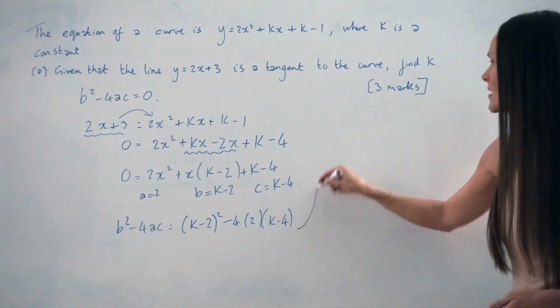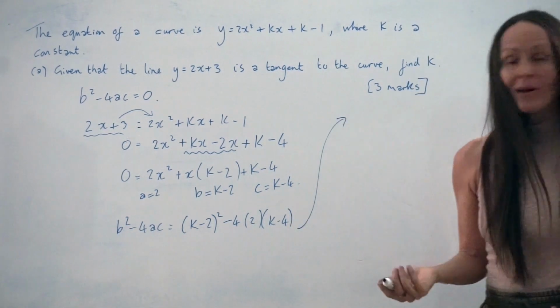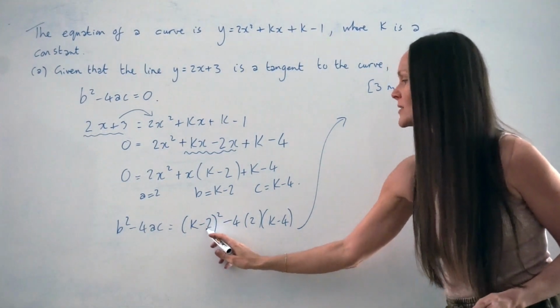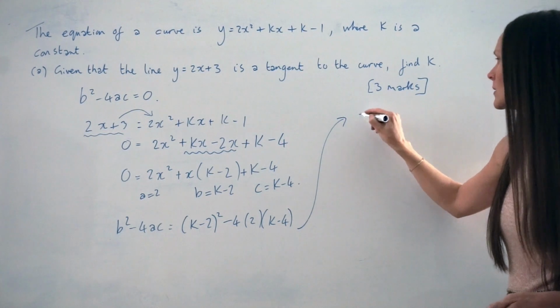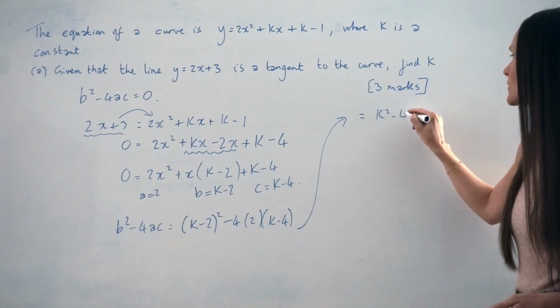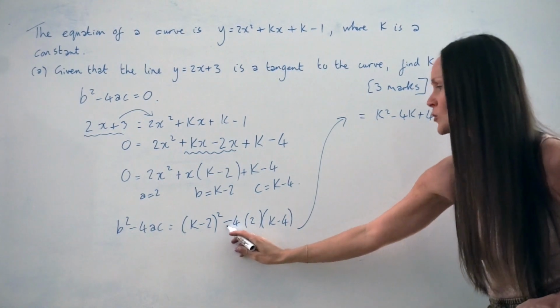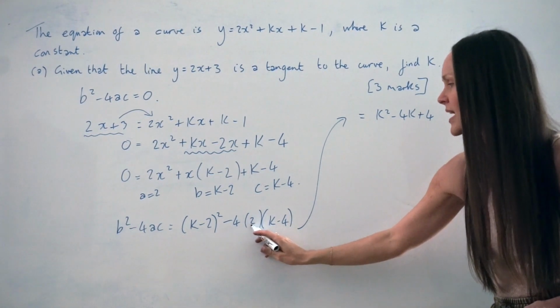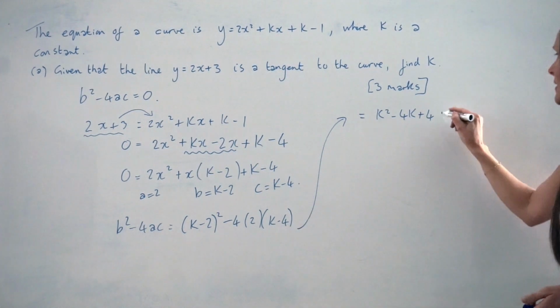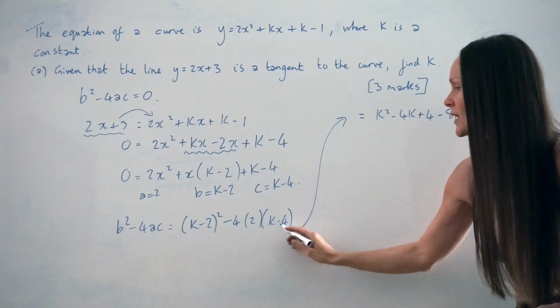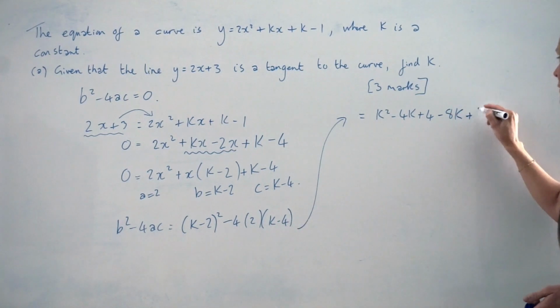Okay, from here I'm just going to expand the brackets and simplify. So if I square these brackets and multiply them by themselves, I get k squared minus 4k plus 4. Here, if I multiply minus 4 by 2, I get minus 8, and if I times that by k, I get negative 8k. Then if I multiply negative 8 by negative 4, I get positive 32.